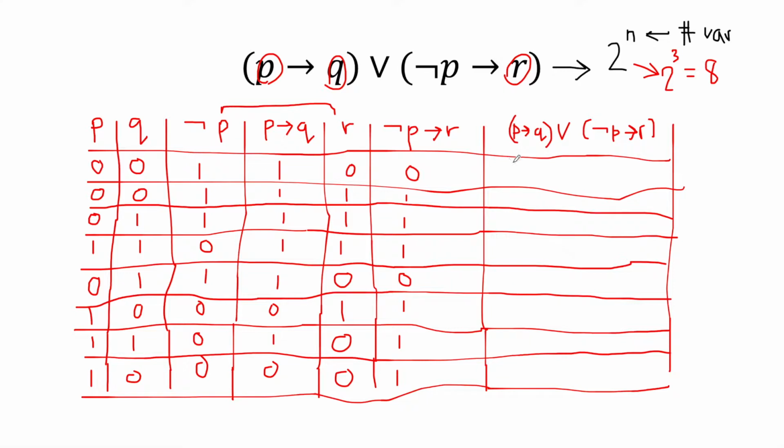Alright, and then if P then Q, union with negation P then R. So the union here: this is 1, this is 1, this is 1, this is 1, this is 1, this is 1, this is 1, and this is 1.